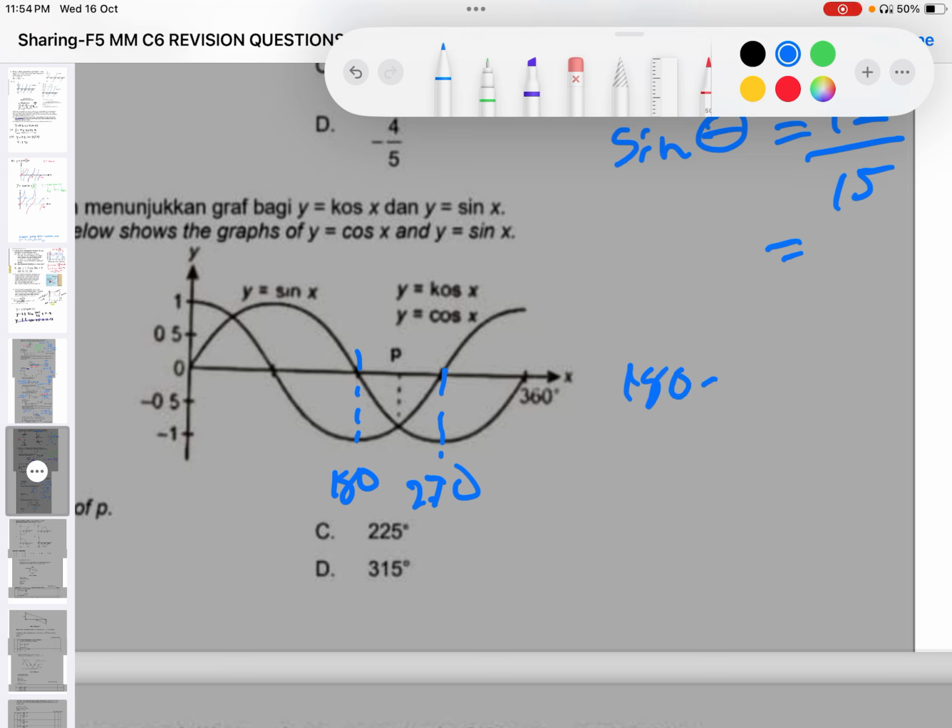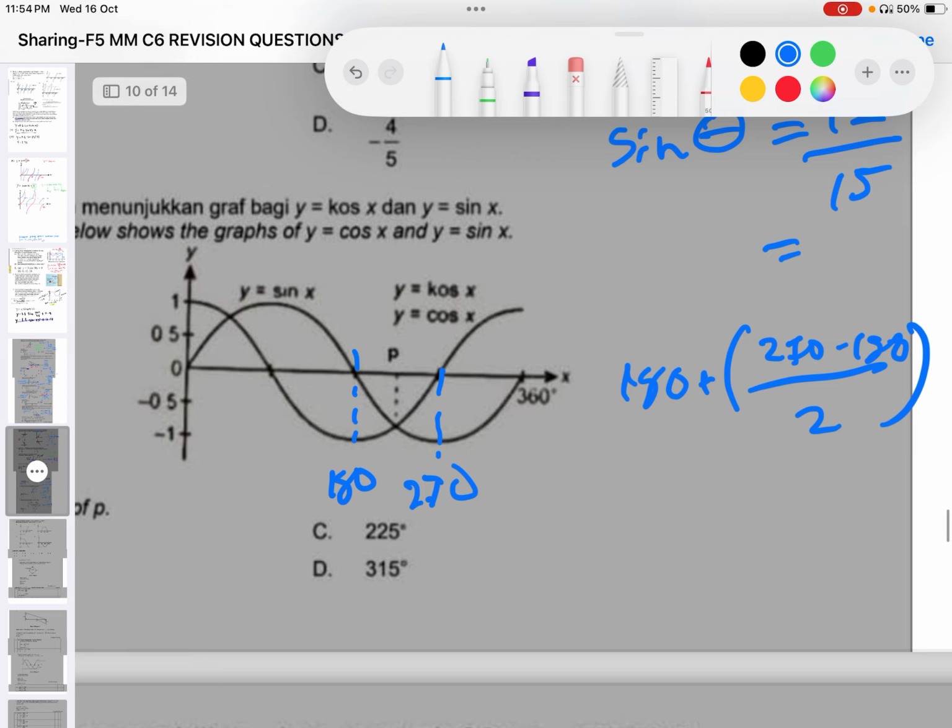I'll write this down again. Plus 270 minus 180 divided by 2, which will be 90 plus 270 minus 180 divided by 2, which will be 225.